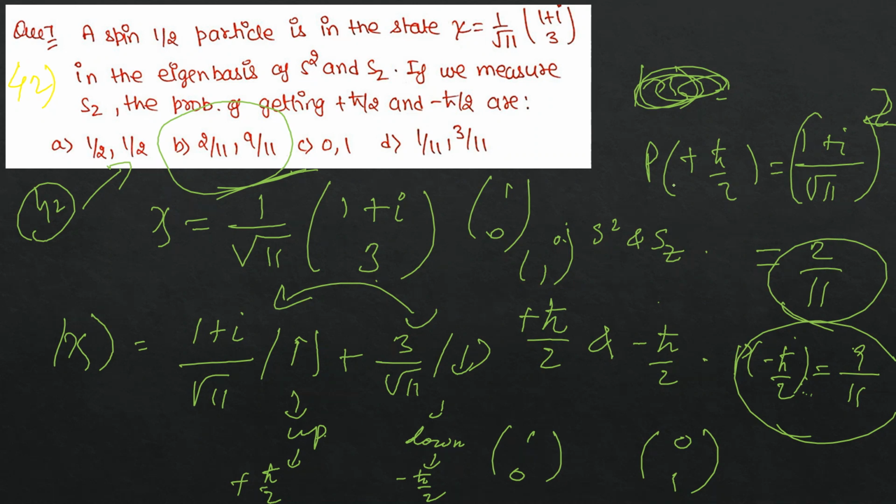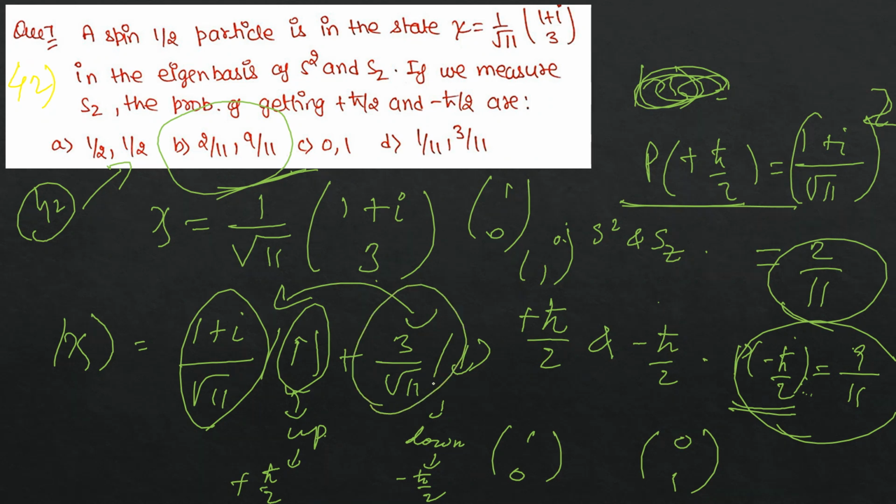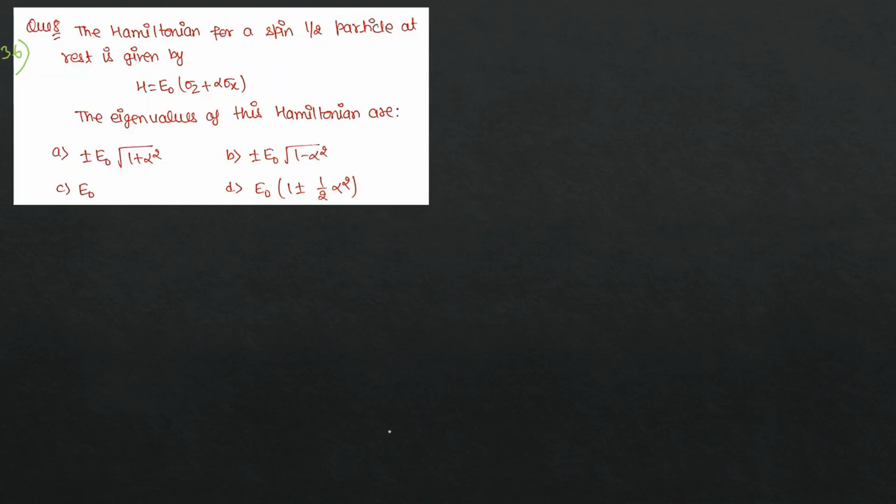The probability of plus h cut by 2 is the square of the coefficient of up spin, and the probability of minus h cut by 2 is the square of the coefficient of down spin, that is 3 by root 11, that is 9 by 11, right? And that is the answer.